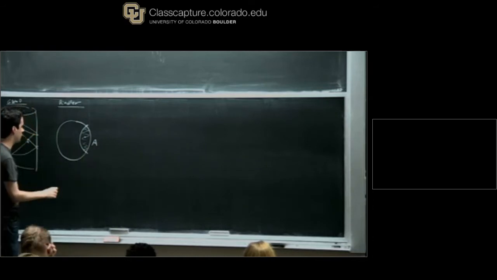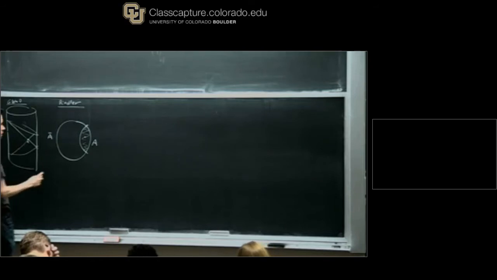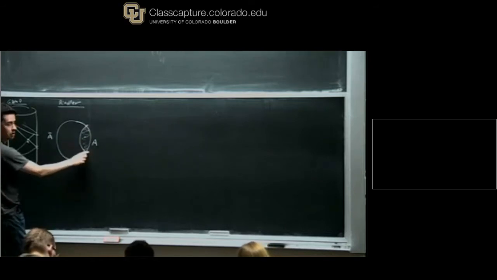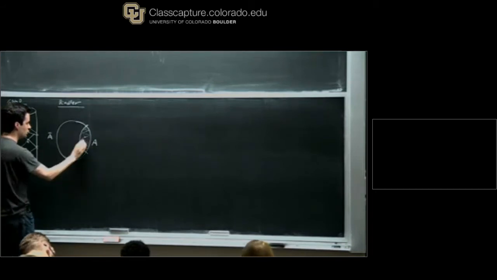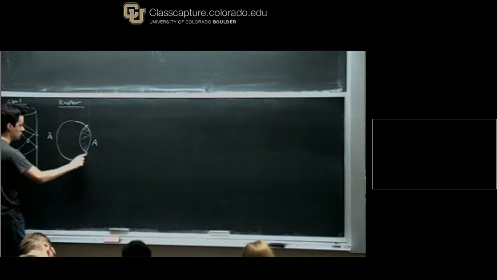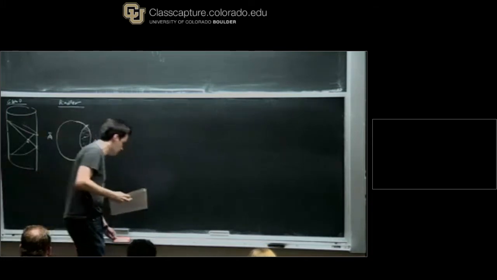So if you like, you can think of the boundary Hilbert space as being a tensor product of the degrees of freedom here and the degrees of freedom here, like you would have in a spin system. And then the operators that we need to reconstruct this are the identity on this factor, and they're only non-trivial on this factor.